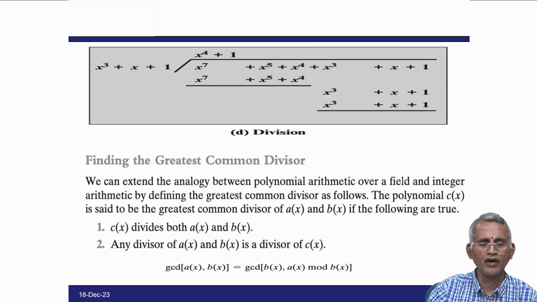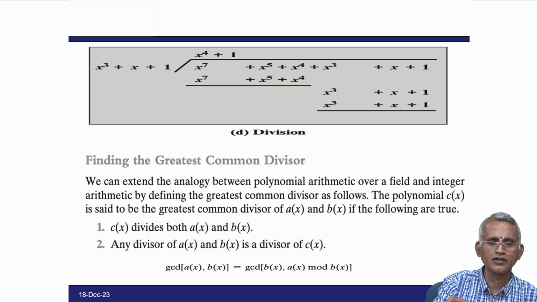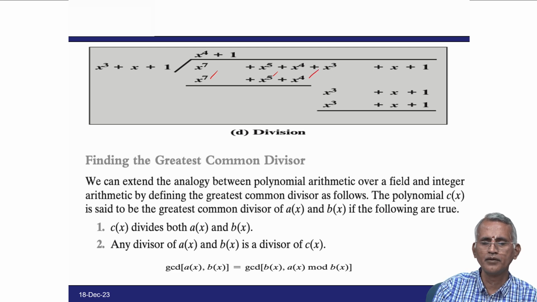Similarly, if we divide x power 7 plus x power 5 plus x power 4 plus x cube plus x plus 1 by x cube plus x plus 1, then with the division algorithm, x power 4 first multiplies and x power 7 will come, x power 5 will come, x power 4 will come, then it becomes 0, it becomes 0, it becomes 0, it means cancel.